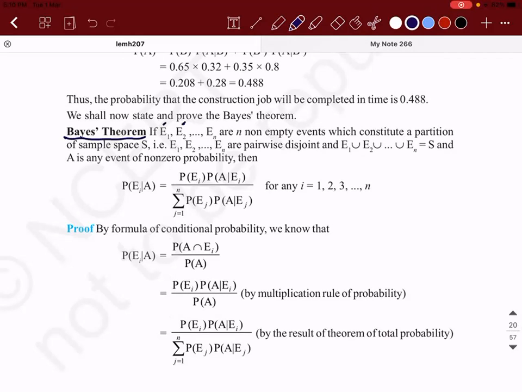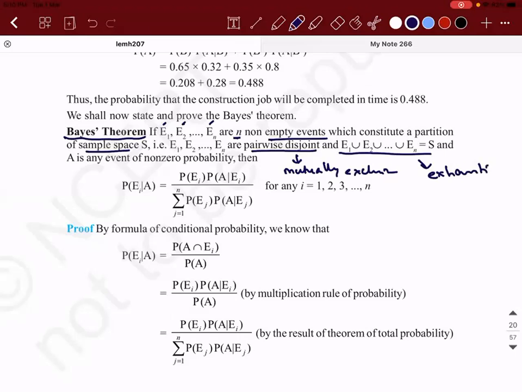Suppose E1, E2, so on till En are n non-empty events which constitute a partition of the sample space, then they are pairwise disjoint, meaning mutually exclusive, and they are exhaustive.